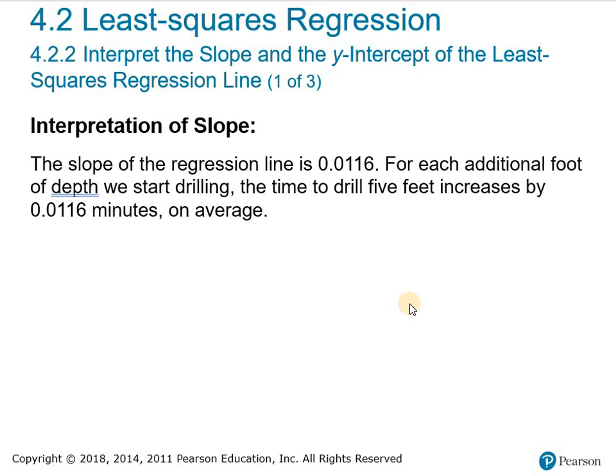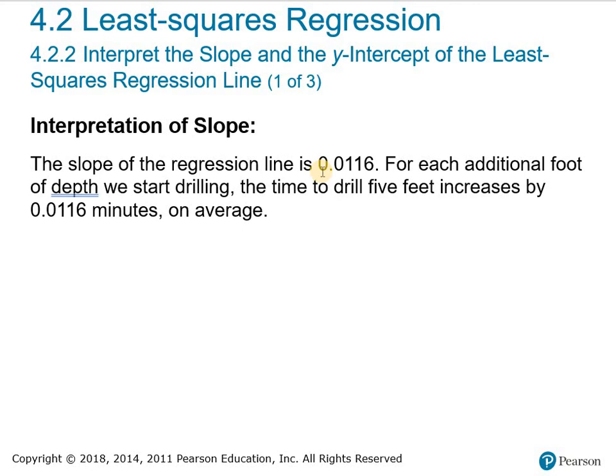So you're going to use the context of the question in order to interpret the slope. Since the slope is positive, I know that when the explanatory variable increases, the response variable is going to increase as well. The explanatory variable is the feet, how many feet we start drilling at.